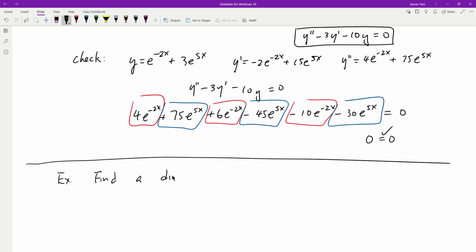Find a differential equation that has the following expression, y equal to, how about 3e to the 2x minus x e to the negative 3x, as one of its solutions.